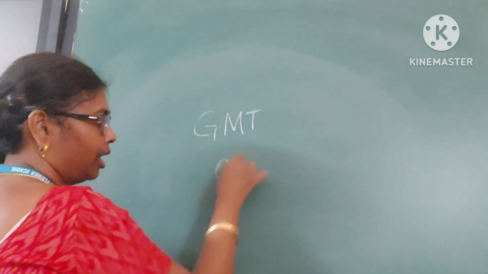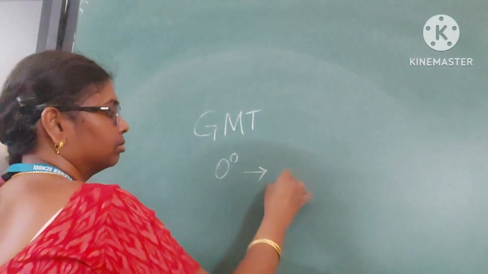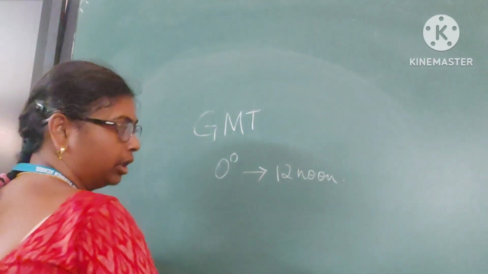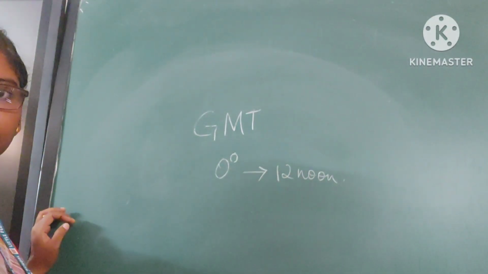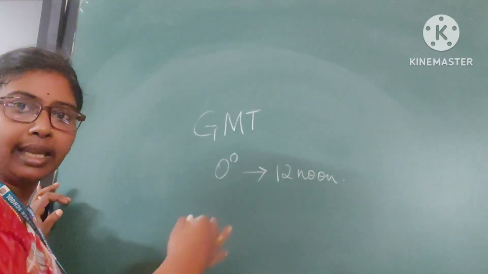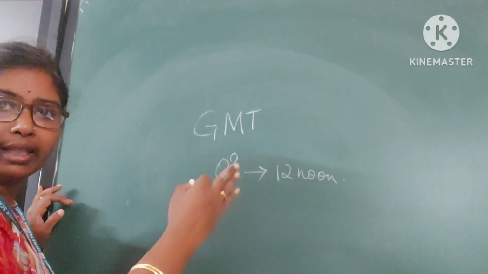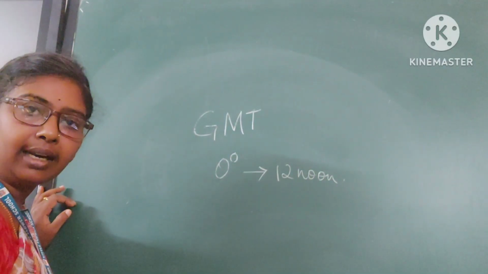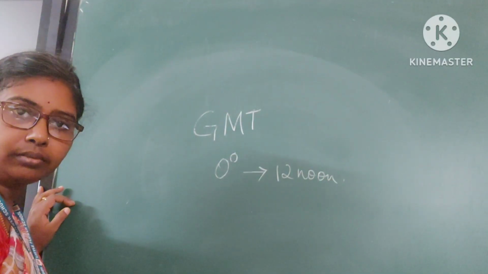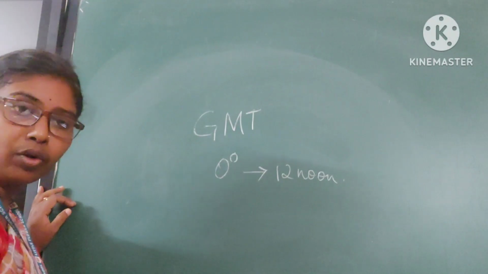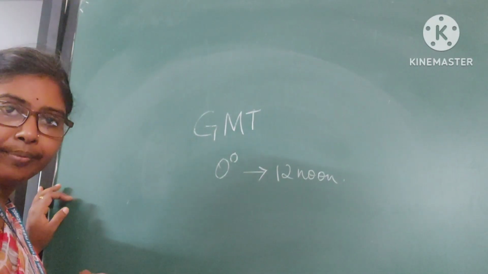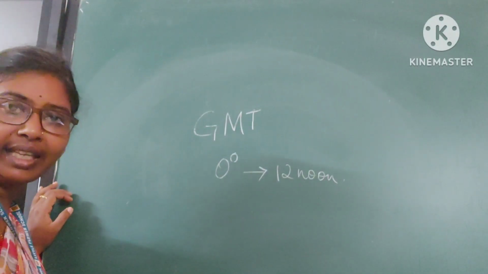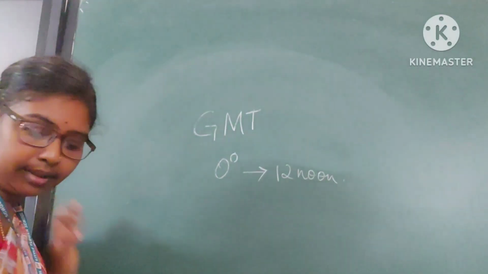So at 0 degree, when it is 12 noon, they agreed that from here we start calculating our time. Okay? Then how to calculate the time? At what rate should we calculate the time?